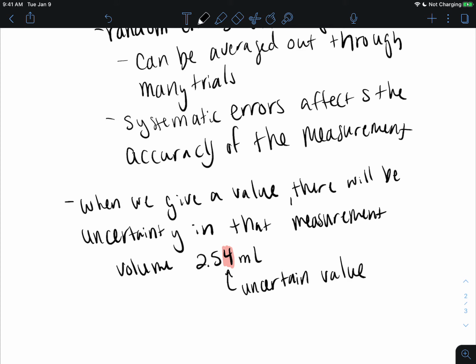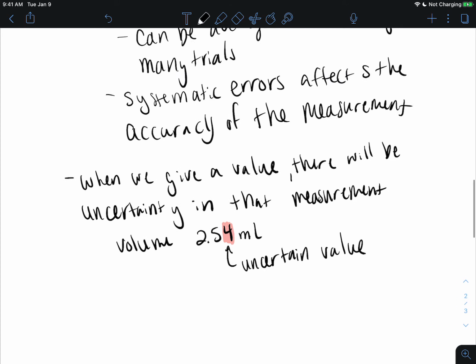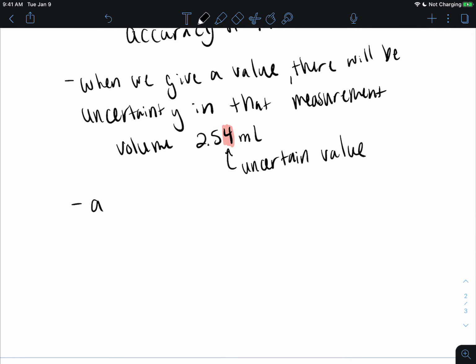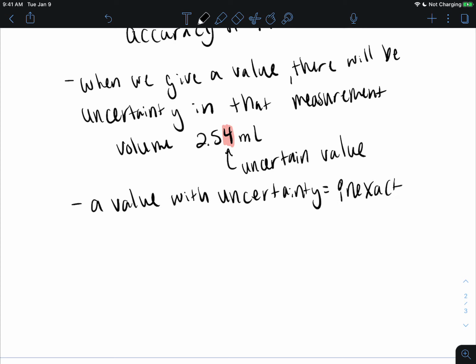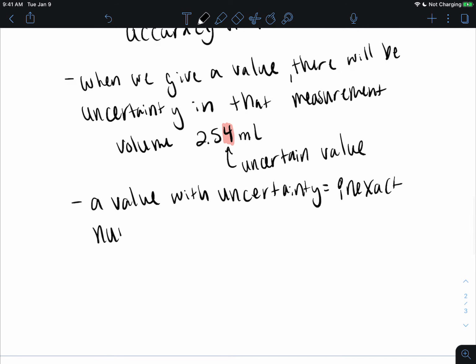When we talk about a value that has some sort of uncertainty associated with it, we call that an inexact value. It's going to have some uncertainty associated with it, and any measured value is going to be considered inexact.